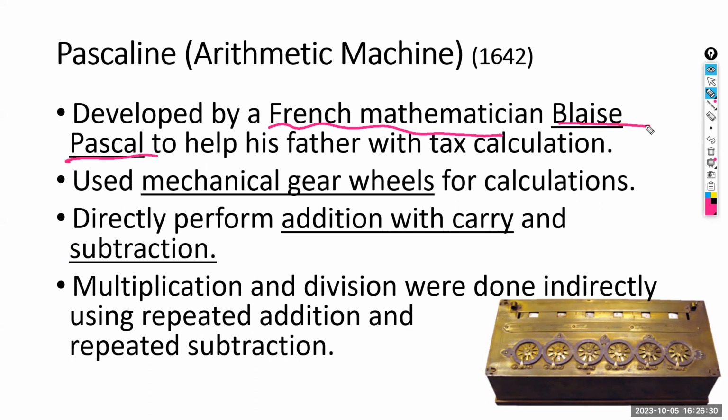Pascal is a very famous mathematician in history because he came up with the concept called Pascal's triangle. Those who are doing A-level maths will definitely do this part. When you expand something like (a+b)^n, there's a nice pattern.